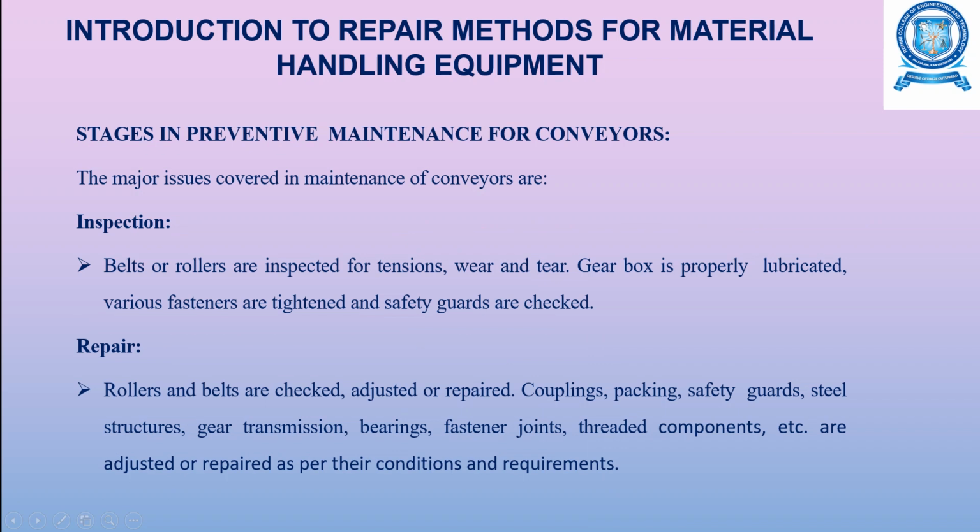And repair: rollers and belts are checked, and they have to be adjusted or repaired. And couplings, packings, safety guards, steel structures, gear transmissions, bearings, fasteners, joints, threaded components, etc. should be adjusted or repaired as per the conditions and the requirement.